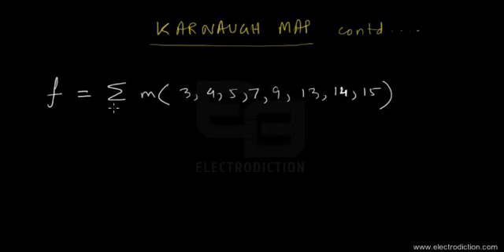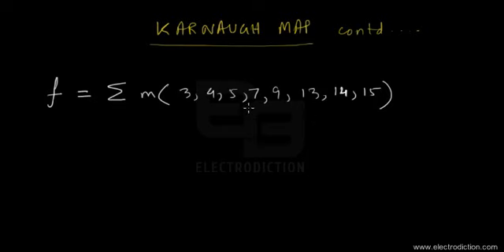All right, so with this particular function, before jumping onto the K-map section, we need to determine what the size of the K-map is that we require in order to accommodate this function.